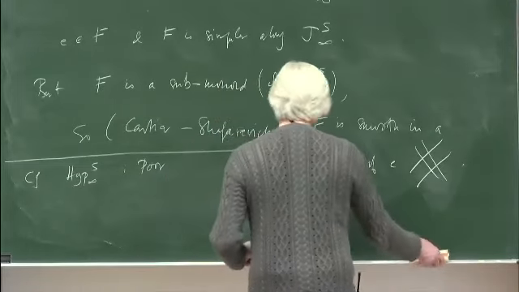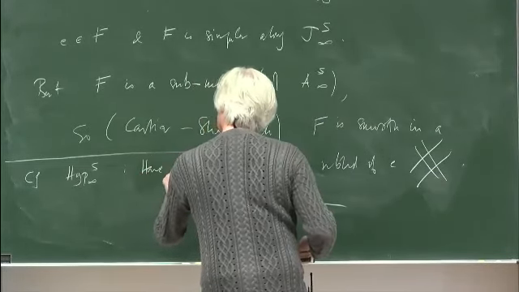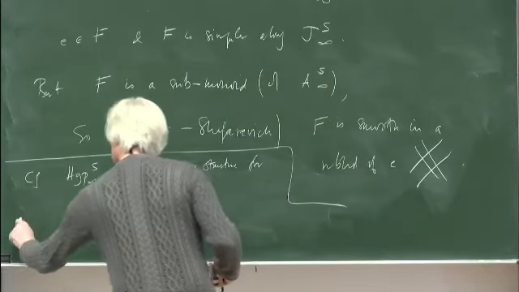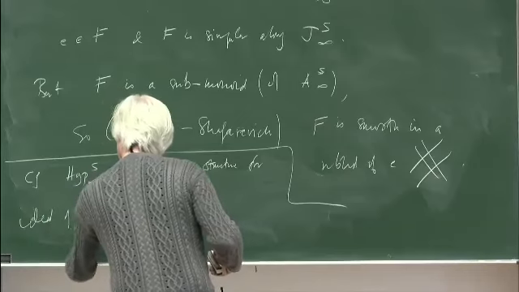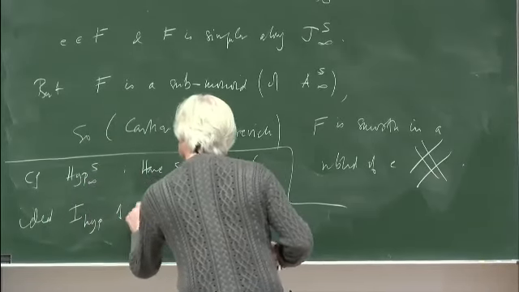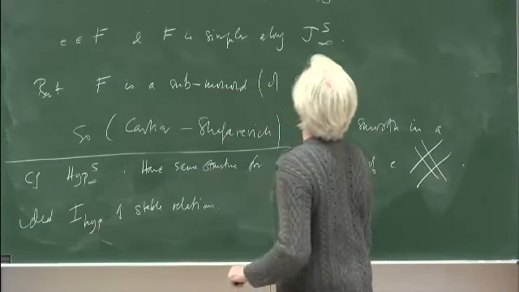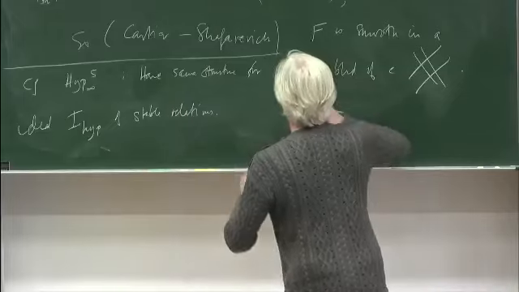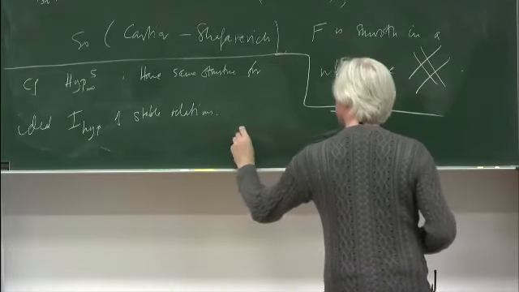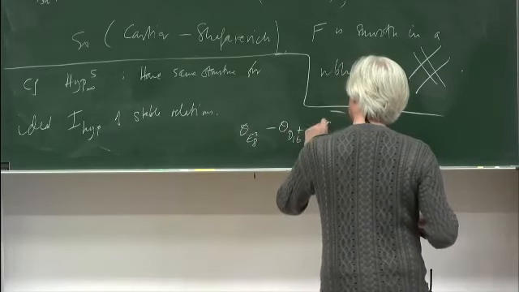We have the same structure theorem for the ideal I_hyp of stable relations. And Poor showed that the Schottky relation, theta D16 squared minus theta D16 plus, is in this.